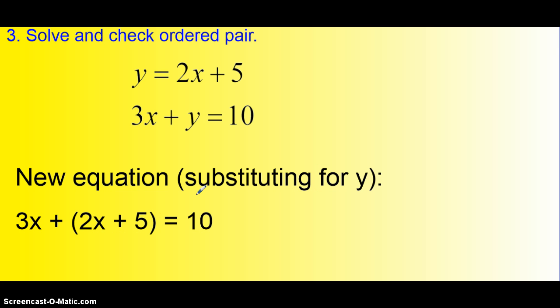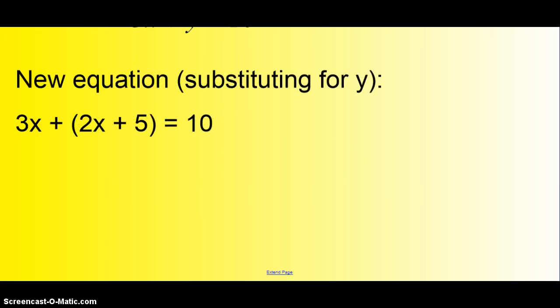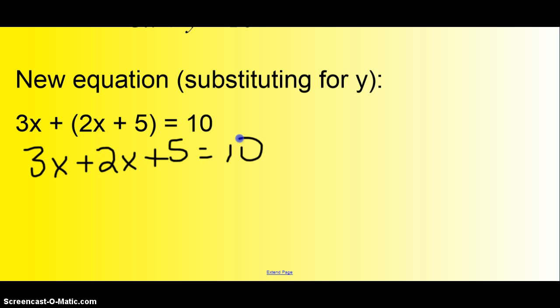So I've got this new equation, and how do I go about solving this? Well, we know that the associative property of addition says that I can move parentheses around, and I want to combine my like terms. I've got 3x plus 2x plus 5 equals 10. I can move these parentheses over here, and I can say, okay, I've got 3x plus 2x.